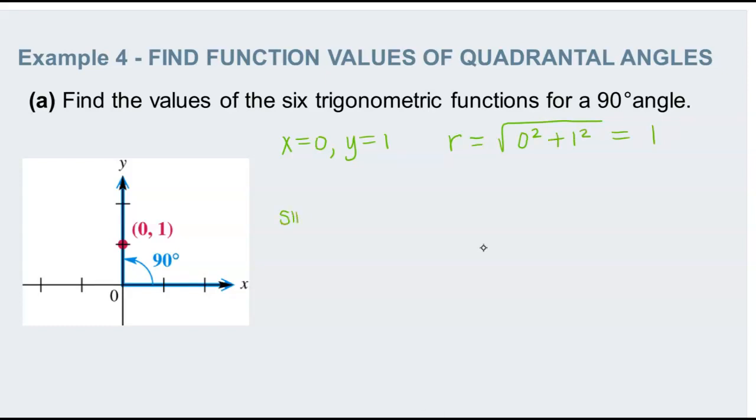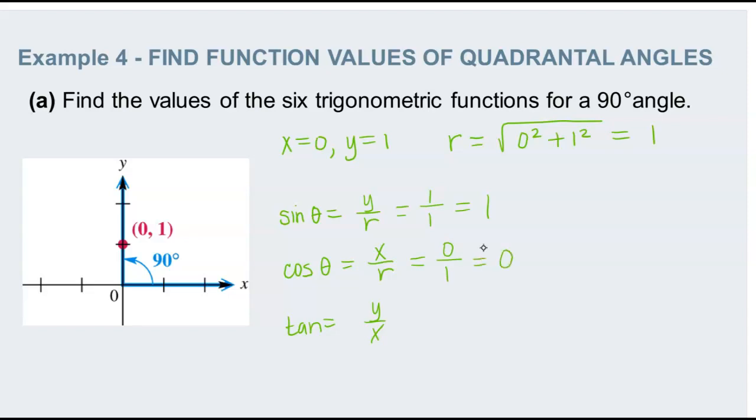So our sine is y over r, the cosine is x over r, and the tangent is y over x. So here we have 1 over 1, which is 1. Here we have 0 over 1. 0 can be divided by 1, that's okay.